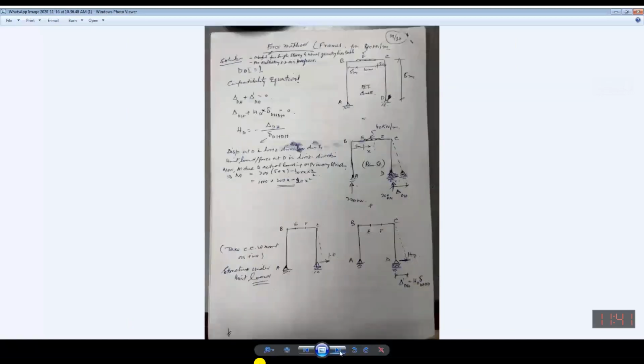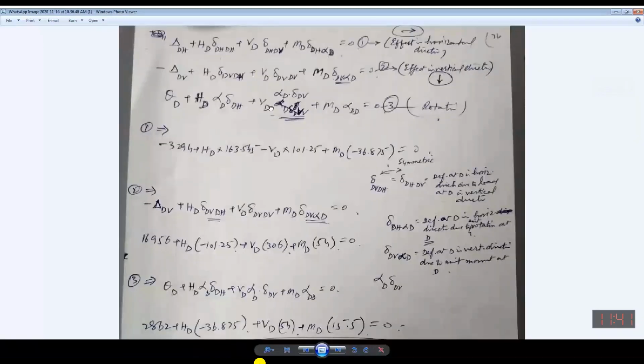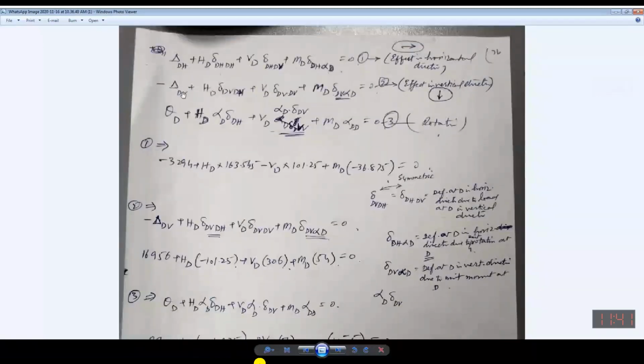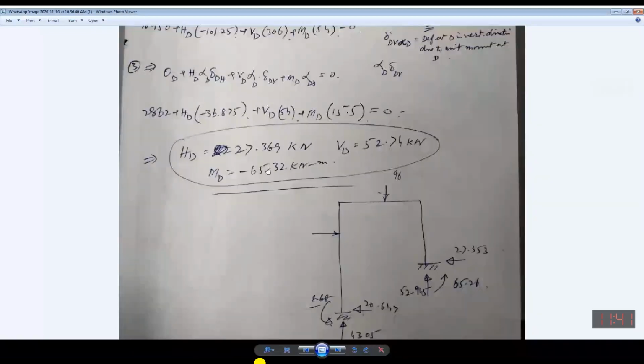You can see one equation, second and third, and then ultimately you will be getting HD, VD, and MD. All these forces will be calculated. Once you have done it, then in isolation, you can draw the shear force and bending moment diagram for each and every limb or segment of the structure.